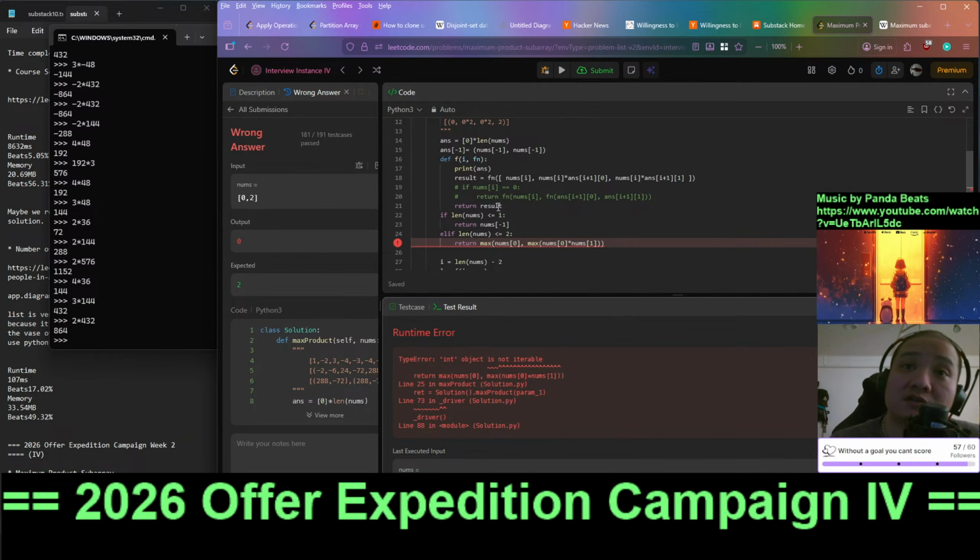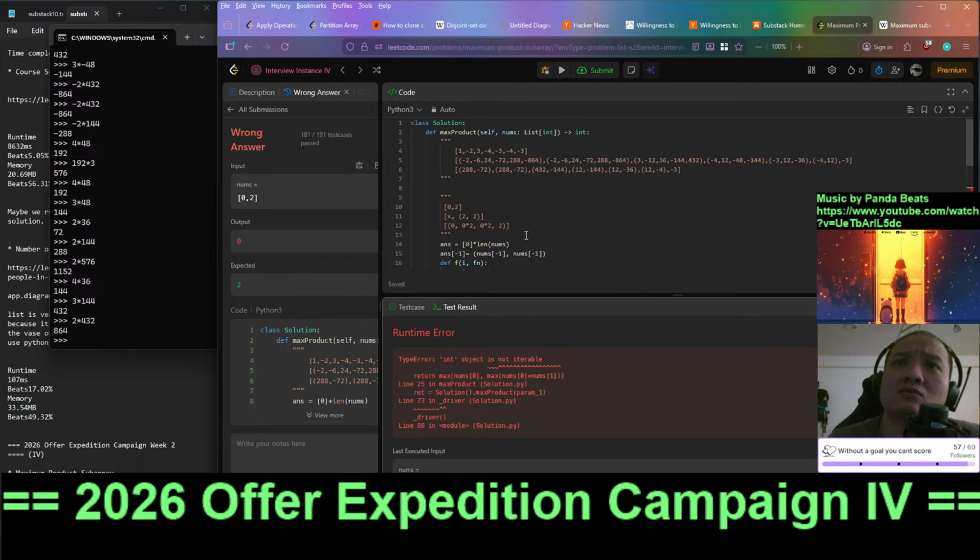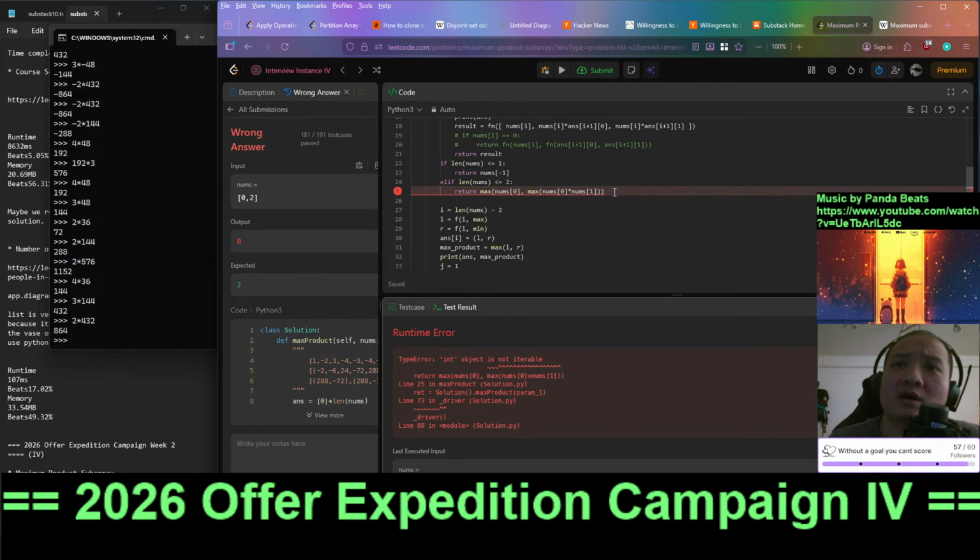If it is this, nums[0] or max of 0 or 0 multiplied by 2, right? Yeah, this one.